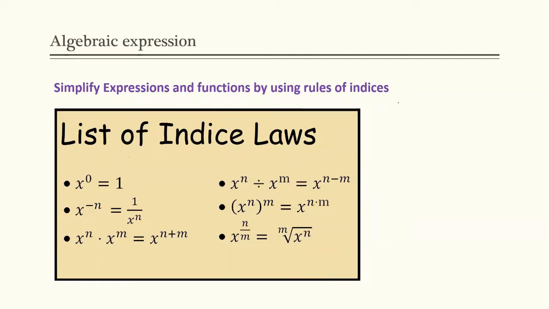It means if we have 2 to the power minus 3, we can rewrite the same as 1 over 2 to the power 3. Both are the same. So if we need to get rid of this minus sign, this is the way we can rewrite it. That is the second law of indices.